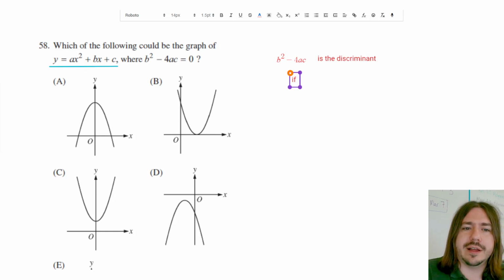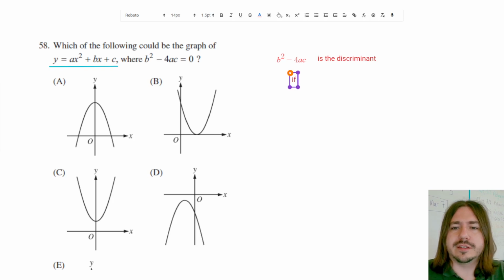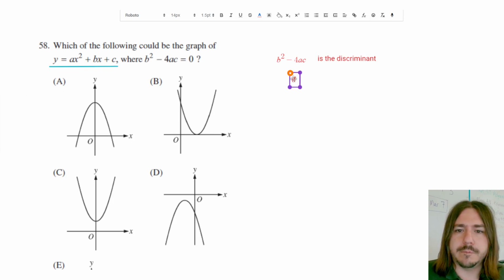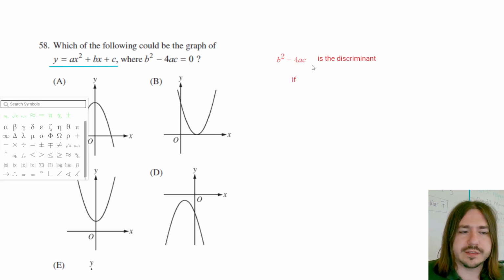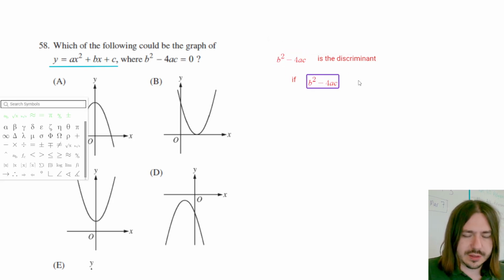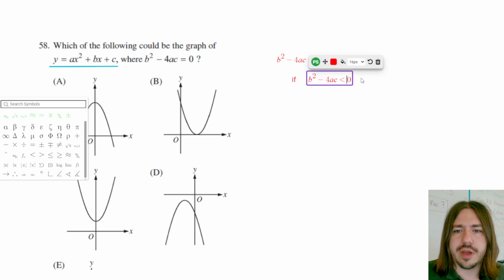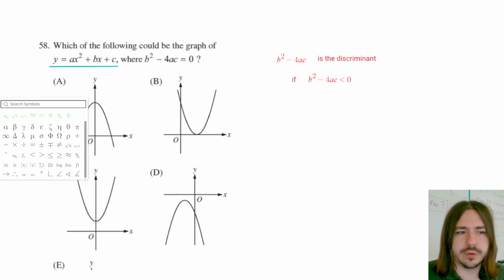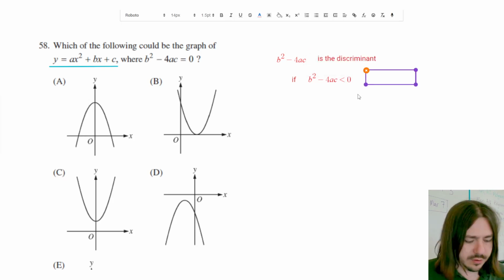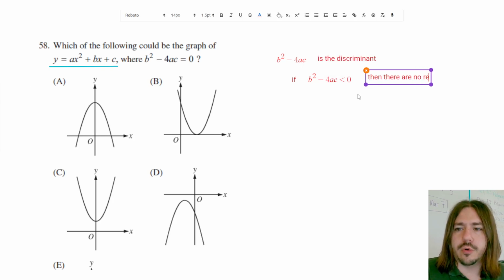So let's say if b squared minus 4ac is less than 0, in other words, if it's negative, then you have no real roots.